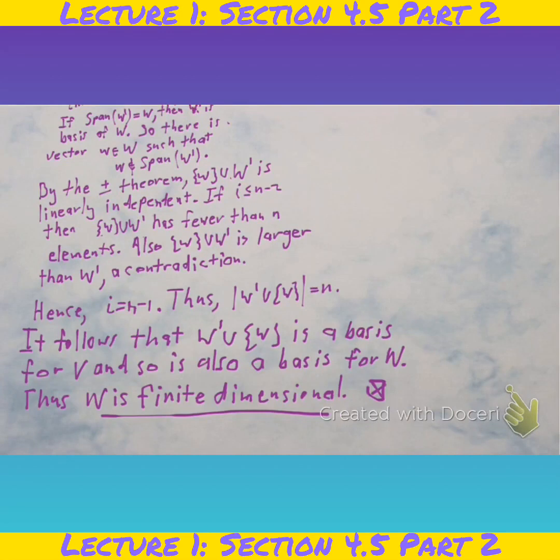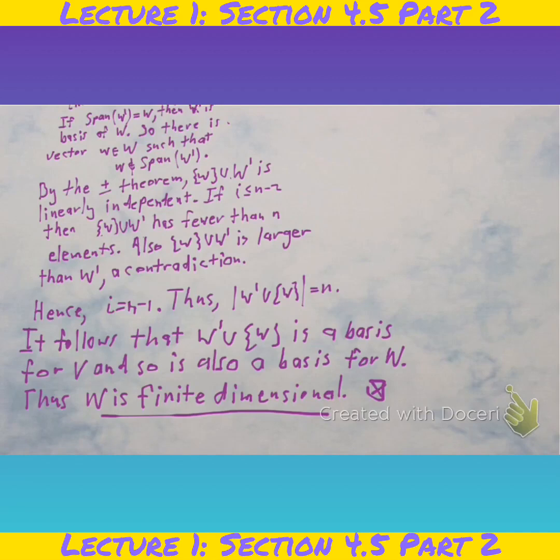Right, so we proved our claim, and our claim was that if you take any subset of W of fewer than n vectors, then that chosen subset can never be linearly independent.